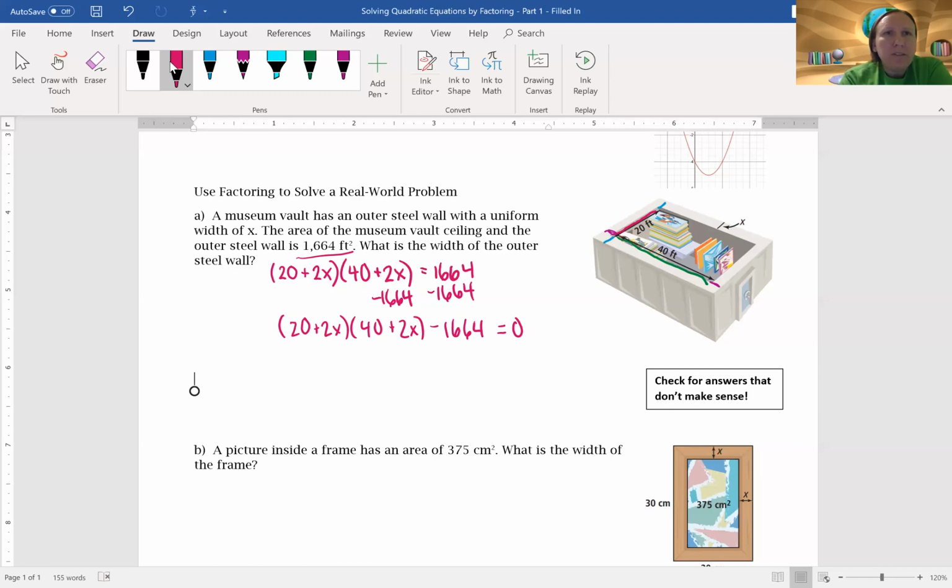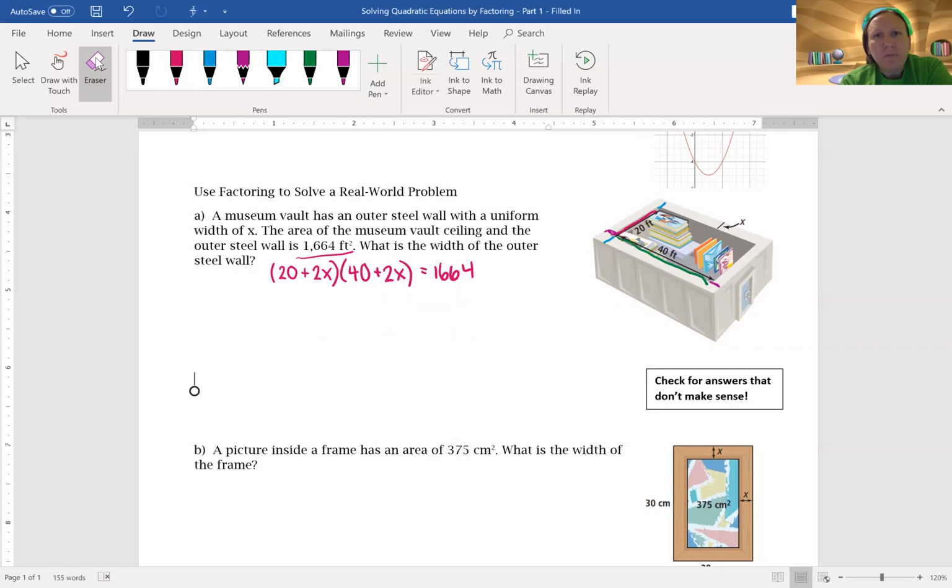So while we are going to subtract that 1664 to the other side, what we actually want to do is simplify this expression on the left and distribute it out. When we distribute this out, 20 times 40 is 800. 20 times 2X is 40X. 2X times 40 is 80X.